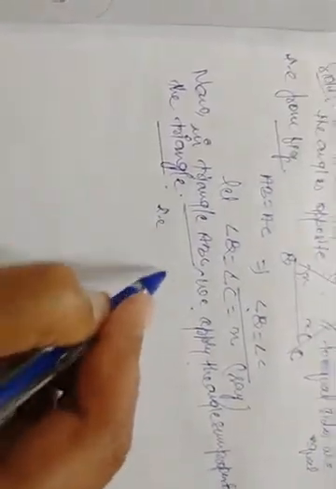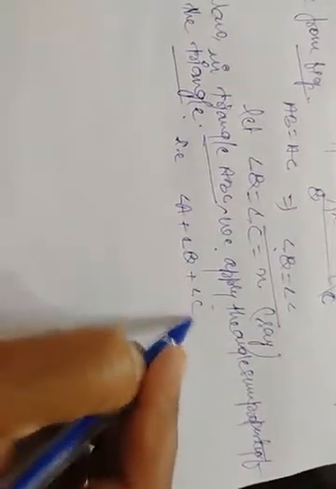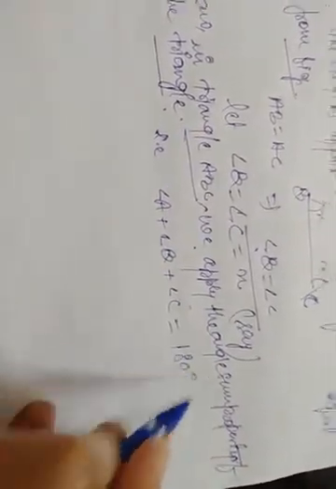That is, angle A plus angle B plus angle C is equal to 180.